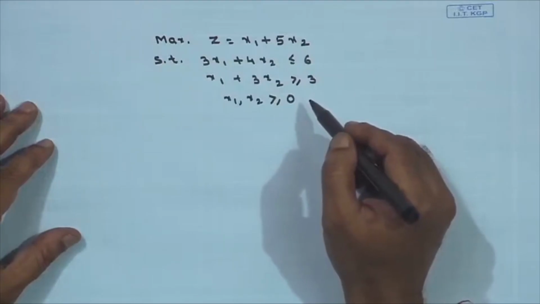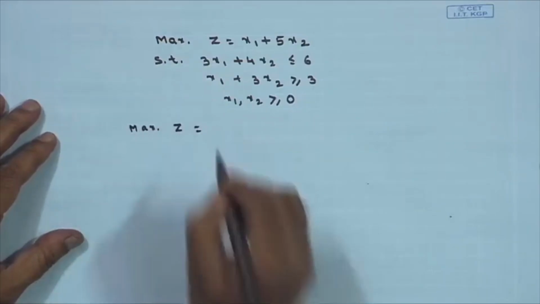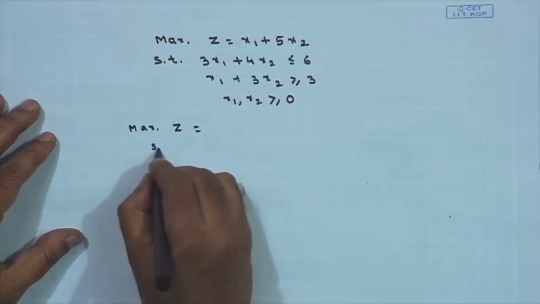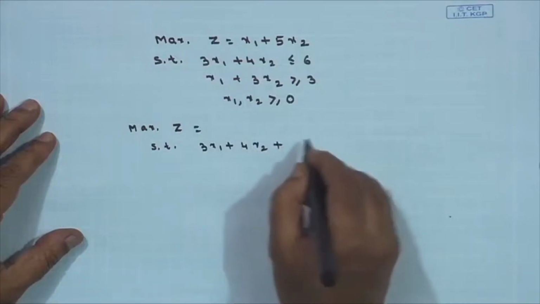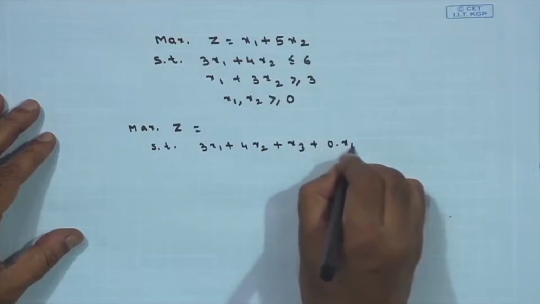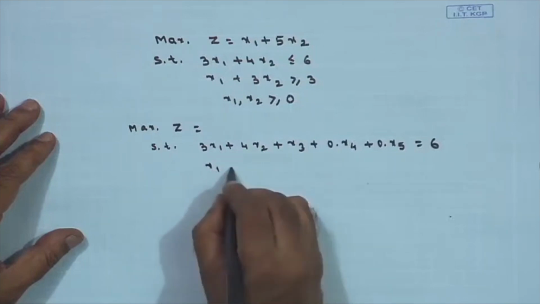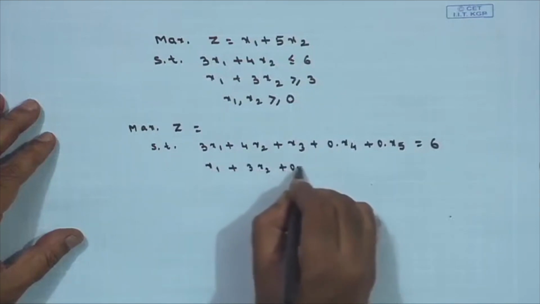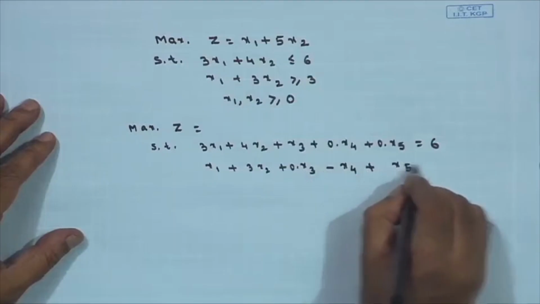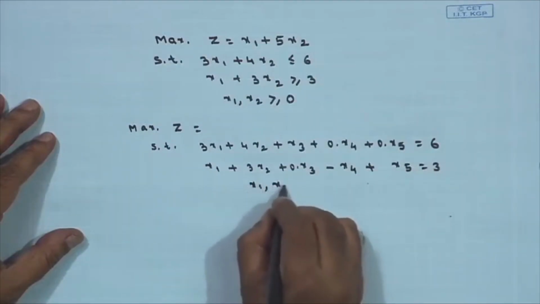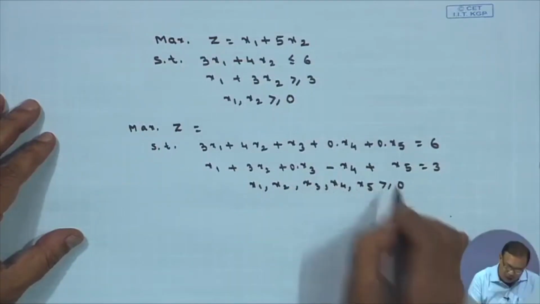So, the given problem in the standard form can be written as maximize z, subject to 3 x 1 plus 4 x 2 plus x 3 plus 0 into x 4 plus 0 into x 5 equals 6, x 1 plus 3 x 2 plus 0 into x 3 minus x 4 plus x 5 equals 3, and x 1, x 2, x 3, x 4 and x 5 greater than or equal to 0.